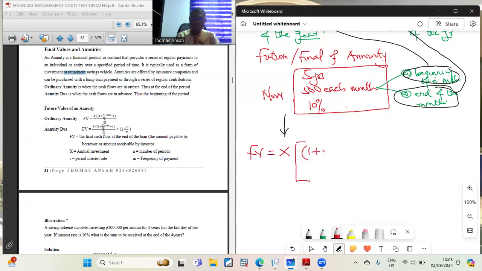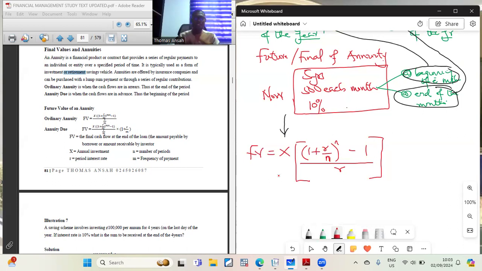We did 1 plus R raised to the power of what? You remember? N. Okay, so that is what we do. 1 plus R raised to the power N, minus 1, all over R. So that is what we did.